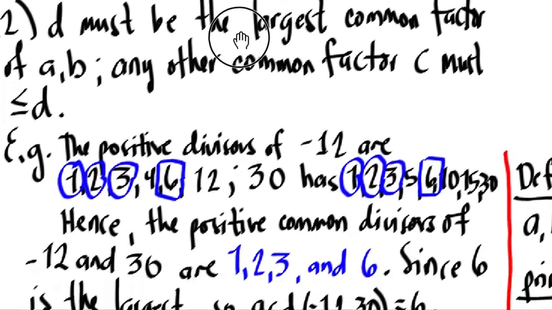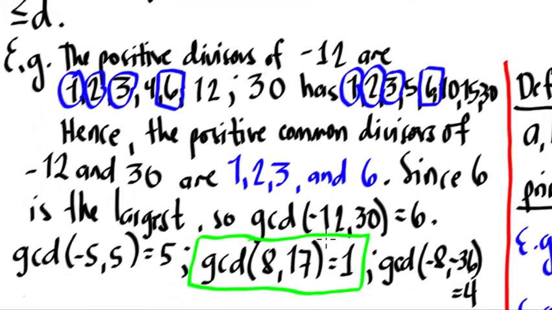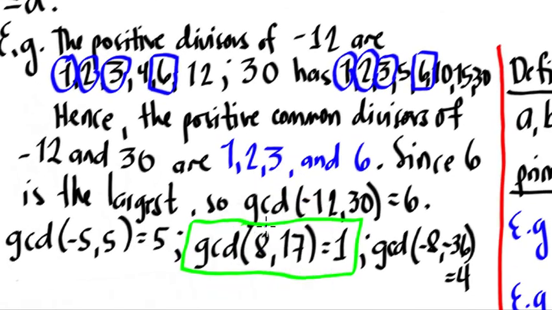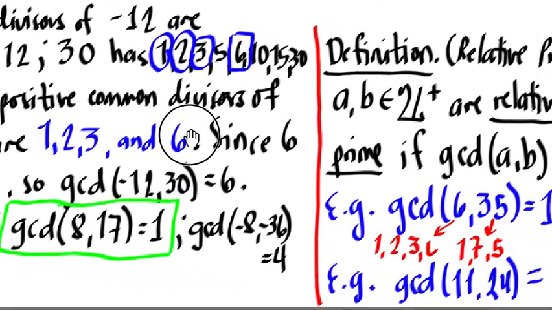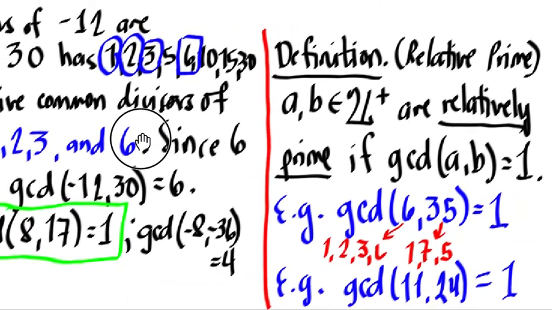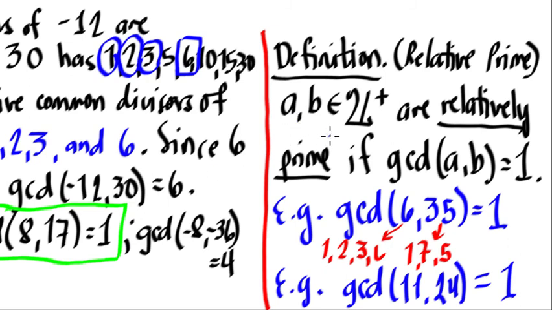So we have stated some examples, and we have wondered about this example here in the green box, wherein the GCD is 1. So we define that if ever this happens, we will call this pair of numbers relatively prime. If A and B are positive integers, they are said to be relatively prime if their GCD is equal to 1. And we have cited examples also.